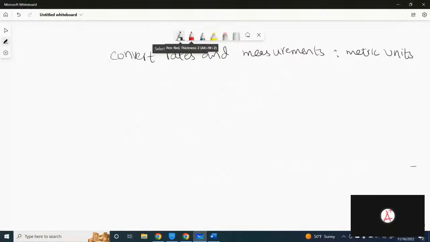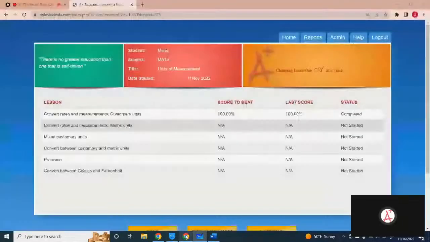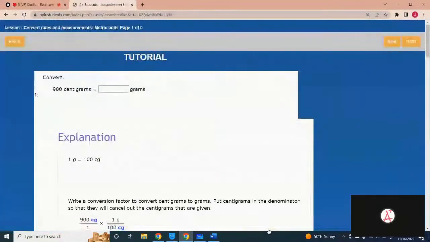Basically, you can check the length, capacity, and weight of anything. So let's start with the examples. You have to convert length, weight, and capacity using metric units.